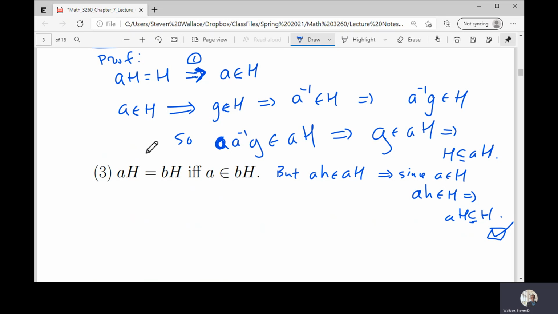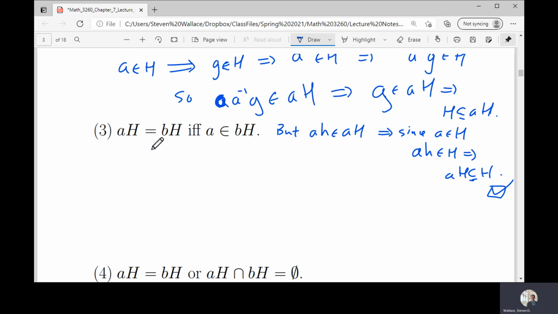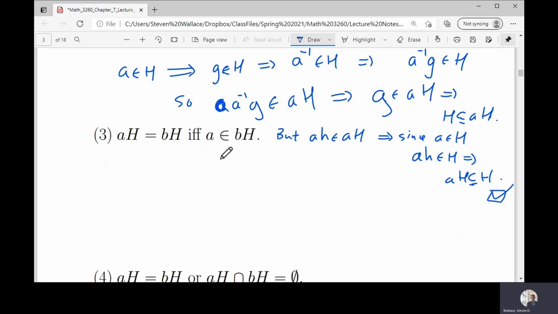All right, if we follow this argument another way, if we have two coset representatives that give the same set, that's if and only if one of those representatives would be in the other coset.